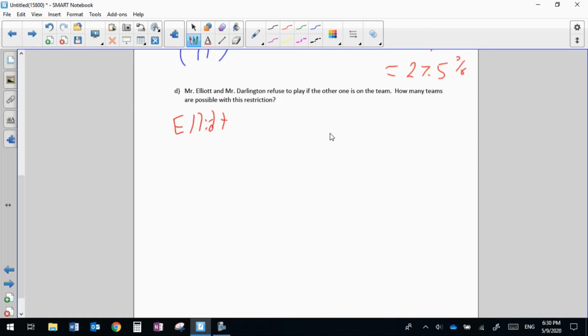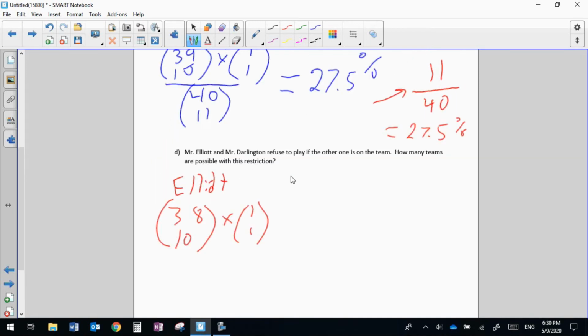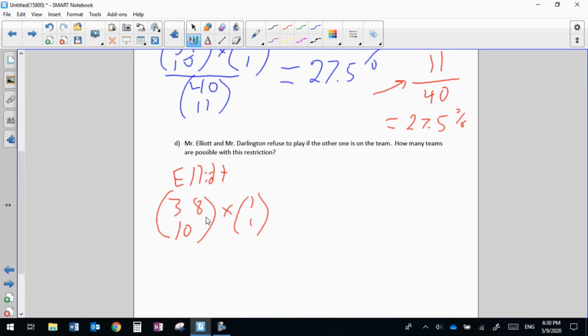Well, there again, 38 choose 10 teams, or 38 choose 10 times 1 choose 1. And why is that? Because if Mr. Elliott's on the team, there are 10 other positions, and there's 38 other people who can have those 10 positions. Why not 40? Well, because Mr. Elliott's already been chosen for the team, and because Mr. Darlington won't play.